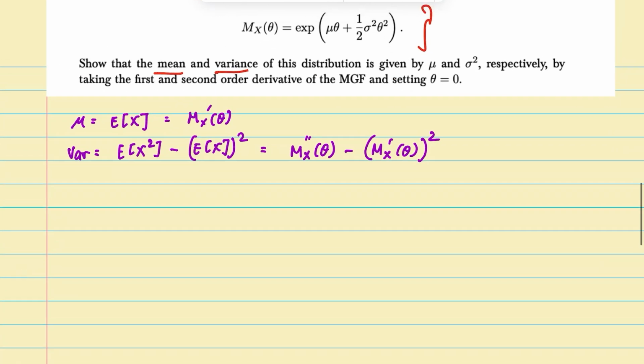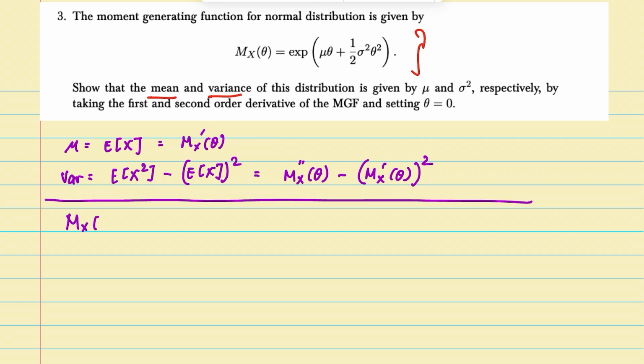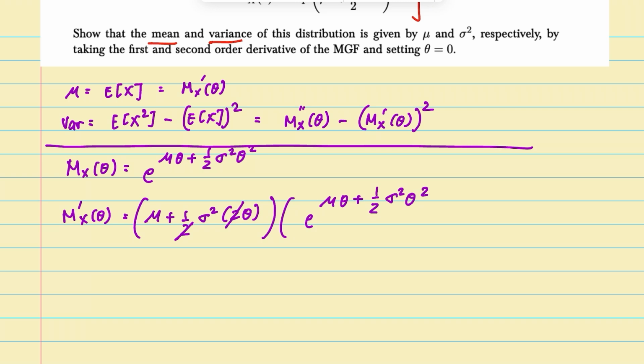Okay, so now we move on to take the first and second derivative of the MGF. So let's rewrite the MGF equation, which is the exponential of mu theta plus half sigma squared theta squared. The first derivative with respect to theta is mu plus half sigma squared times 2 theta, so just cross this, it's left with mu plus sigma squared theta, times e to the power of mu theta plus half sigma squared theta squared.